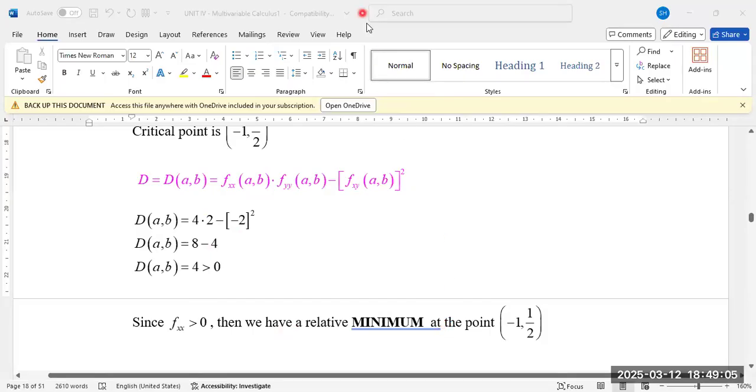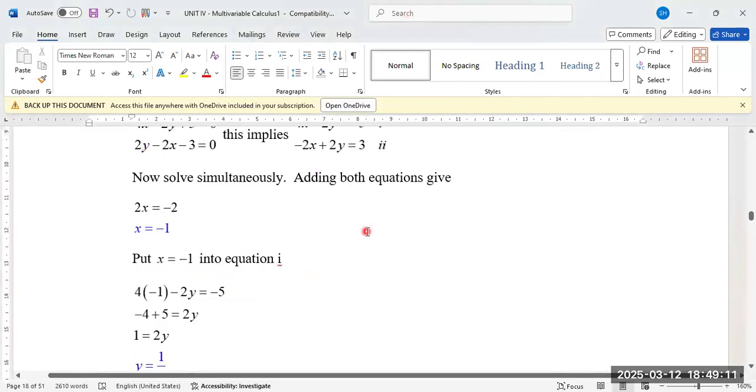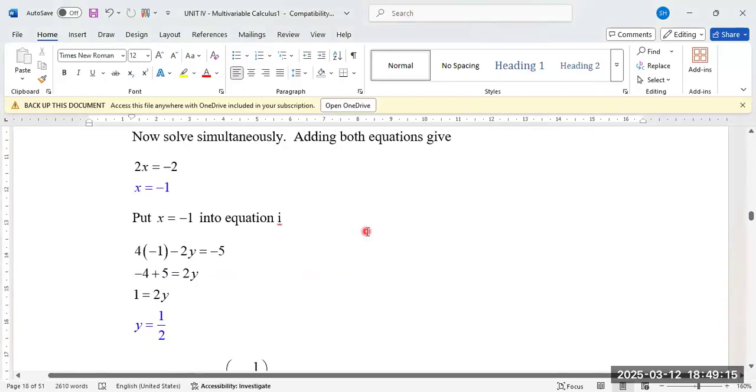Sir, could you scroll back to the simultaneous equation? The second one specifically. That one there? Oh, yes, sir. Question, sir.